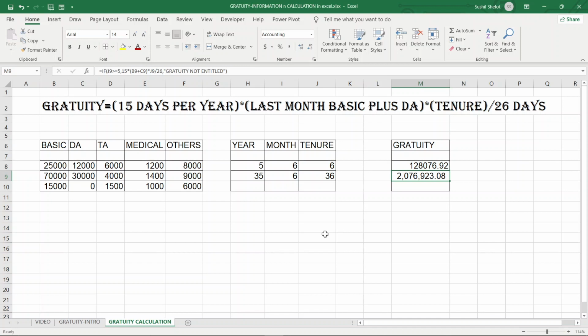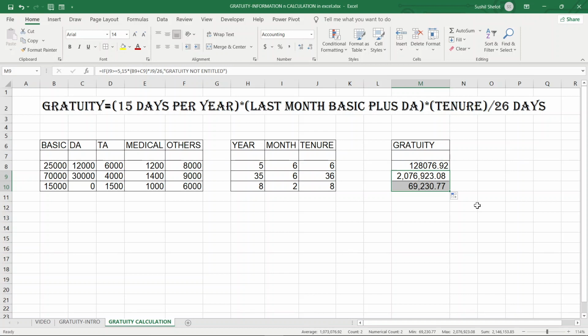So friends, I'll expect you to do an exercise on your own for this third category wherein the DA value is 0. So if I go over here and say for example 8 years and 2 months, the tenure here will certainly be 8 years, fine. And I'm just going to pull down the formula here, and the gratuity turns out to be 69,230 rupees 77 paise.